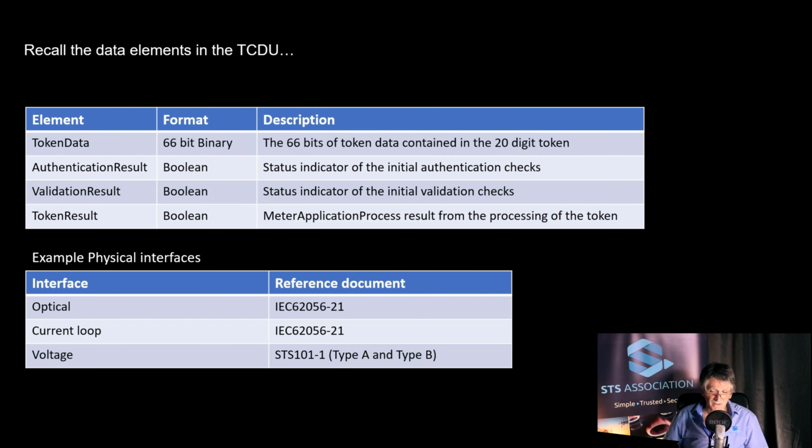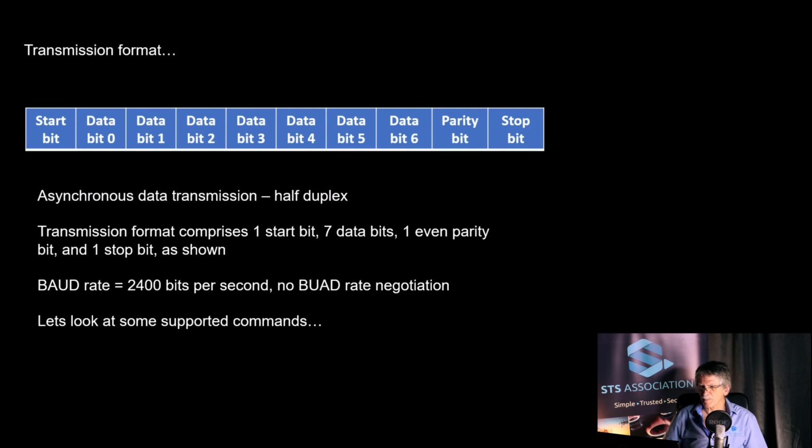Some example physical interfaces: you have an optical port and a current loop port, which are both discussed in IEC 62056-21, and a voltage physical interface, which is specified in STS 101-1 under port types A and B.